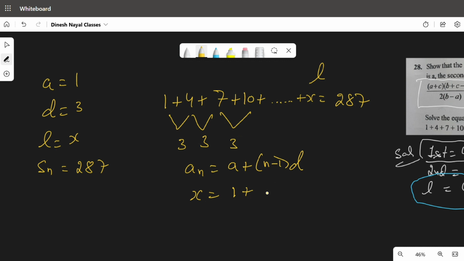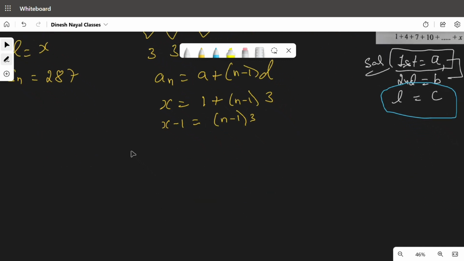N minus 1 will be n minus 1 only, and the common difference is actually 3. So in this, what we are doing is finding the value of n. You can take 1 to that side, so this will be x minus 1 equals n minus 1 by 3.